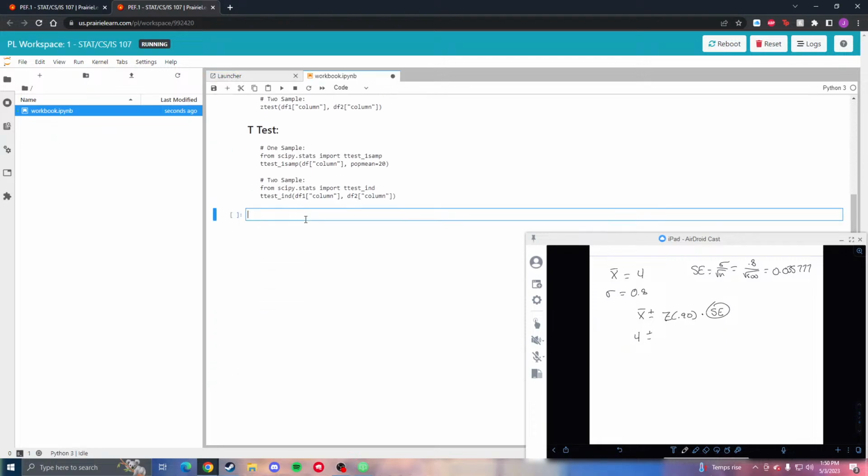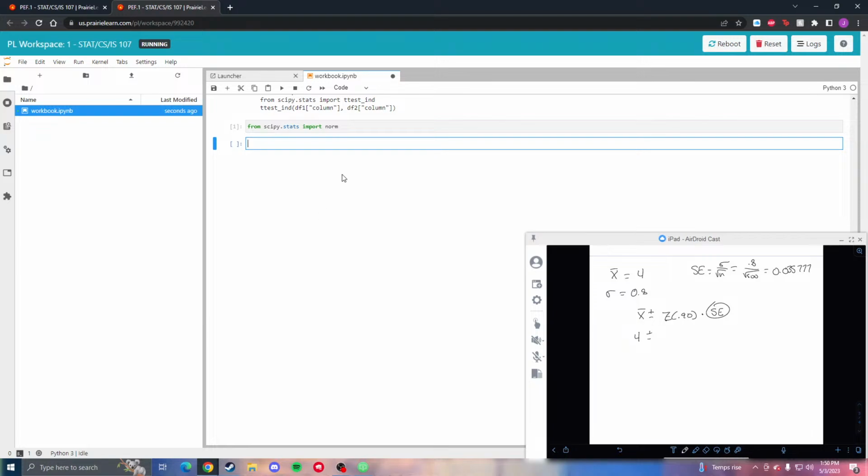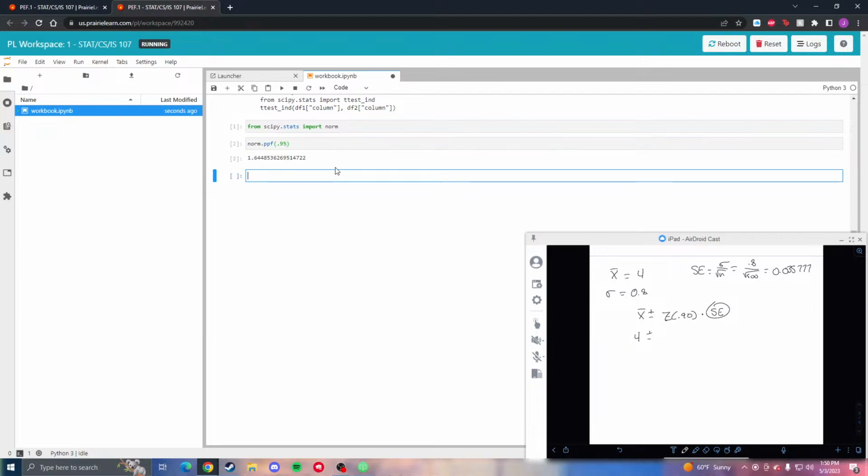Alright, now that it's open, we're gonna from scipy.stats import norm, which you guys should have done before, and then we're gonna do norm.ppf of 0.95.